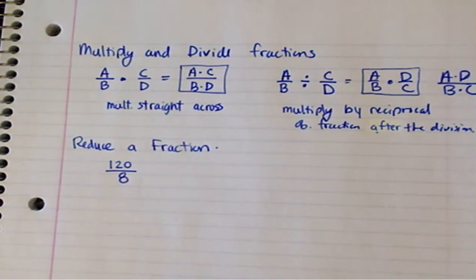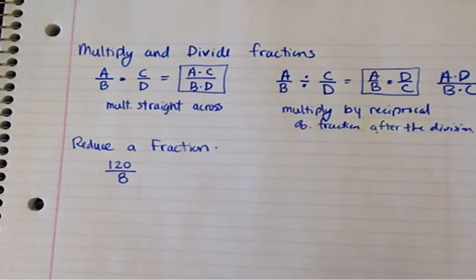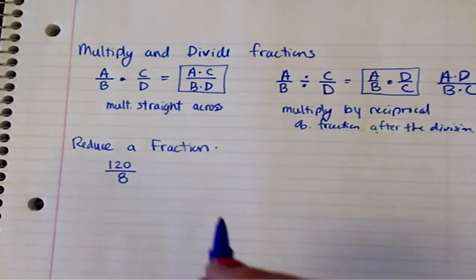Okay, how do you reduce a fraction? So I gave you two numbers, 120 over 8. Very good vocab. You find the common factor. What's the common factor between 120 and 8? Really? 8? Oh, okay. Cool.